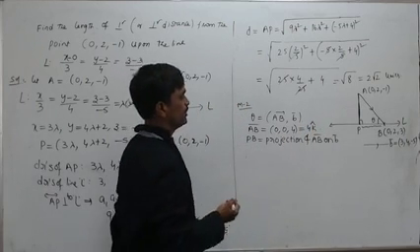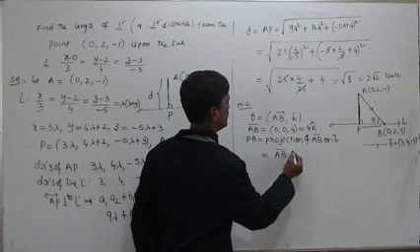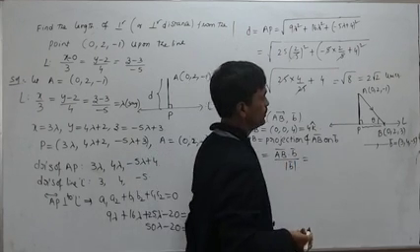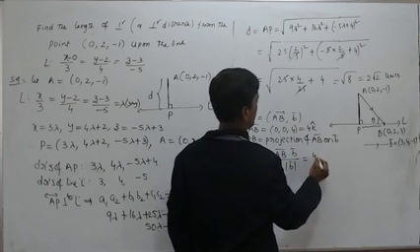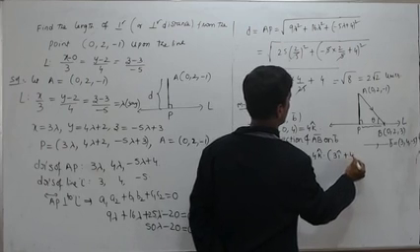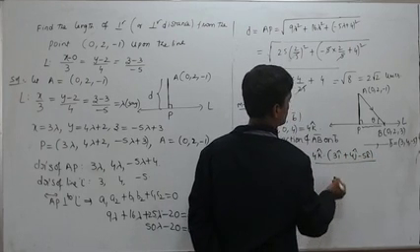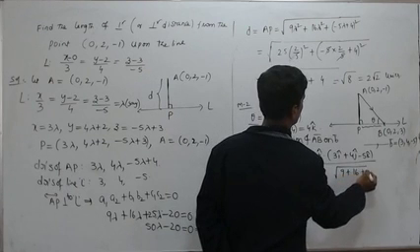The projection of AB bar on B bar, what is the formula? AB bar dot B bar by mod B bar. So AB bar dot B bar is 4k cap dot 3i cap plus 4j cap minus 5k cap, divided by the modulus of B bar, square root of 9 plus 16 plus 25.